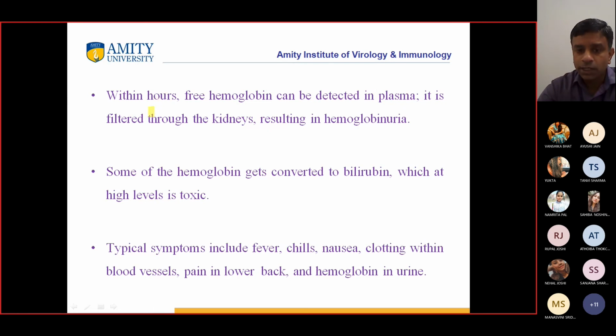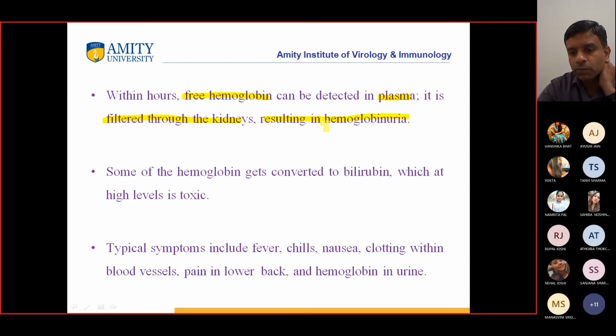What will be inside? Hemoglobin, and I'm sure you have read about hemoglobin in biochemistry. So within hours, the free hemoglobin can be detected in plasma, and it is then filtered through the kidney, resulting in hemoglobinuria.